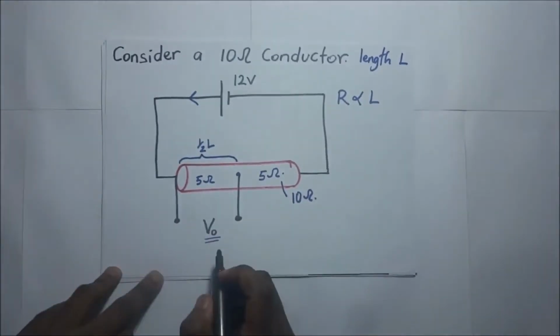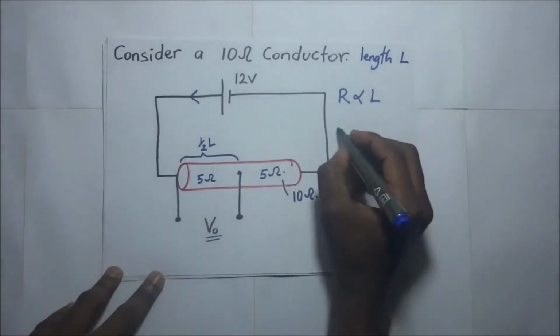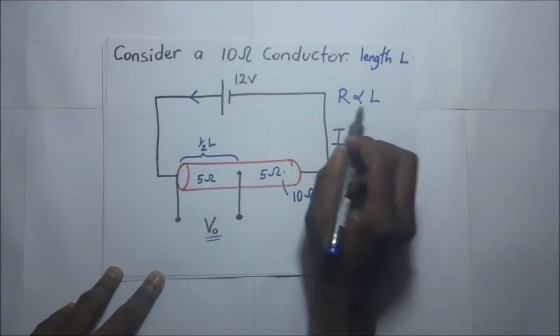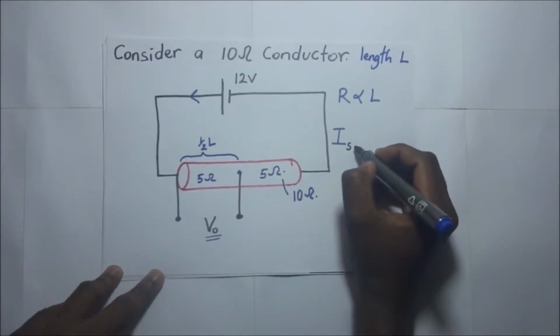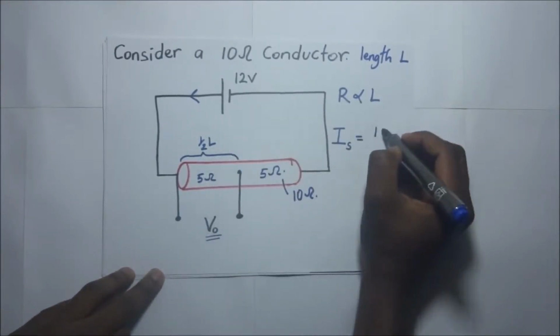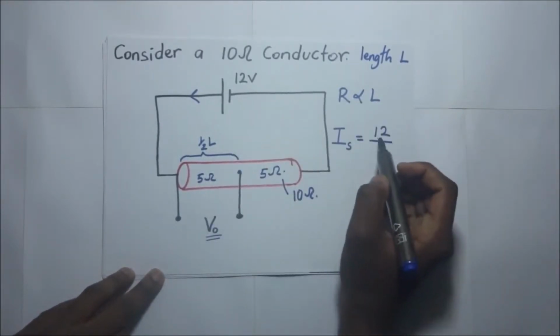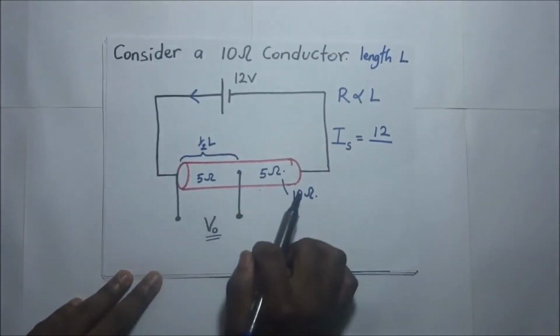To find the output voltage, we are first going to find the current going through the conductor. Let me call it IS, the source current. IS is going to be equal to V, which is 12, divided by R, the effective resistance in the whole circuit, and in this case it is 10 ohms.